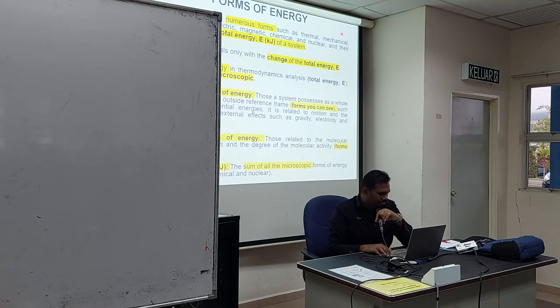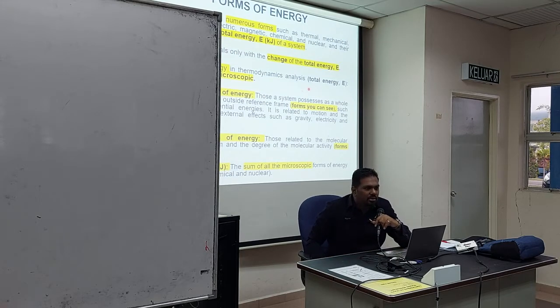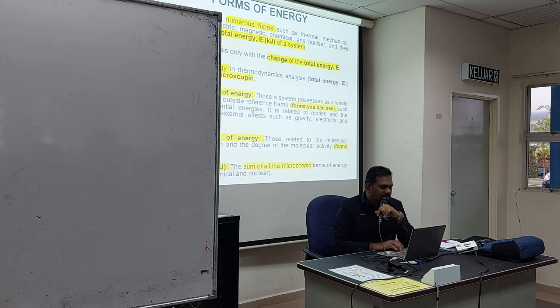So what happened? Okay, thermodynamics deals with the change of total energy. So we know energy cannot be destroyed or created. It only changes form. So the term total energy is what we use in thermodynamics for our studies. Okay, like I told you earlier, macroscopic and microscopic.